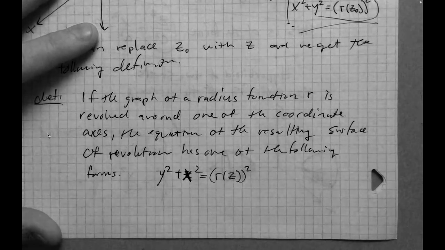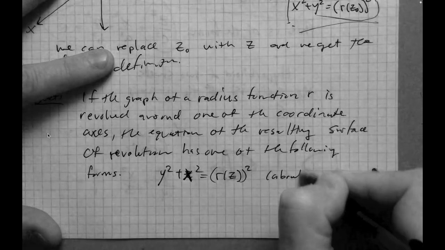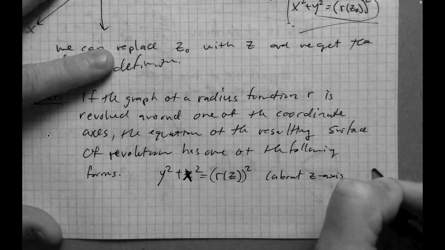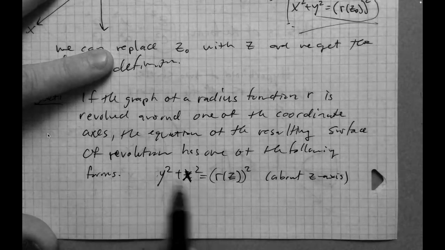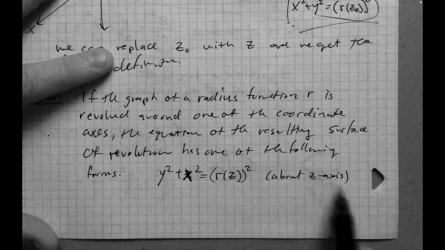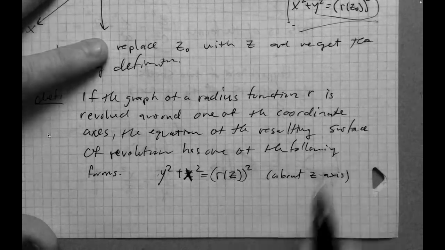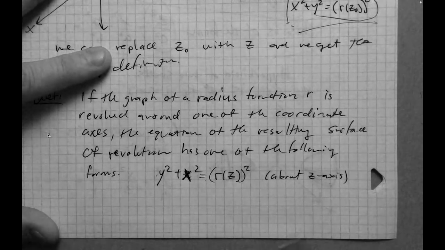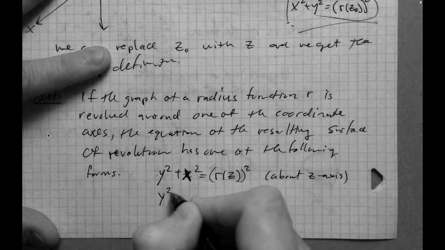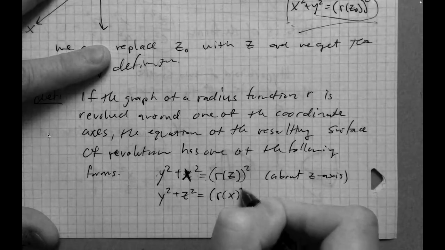If you're rotating about the z-axis, it's x squared plus y squared equals r of z squared. This is about the z-axis, kind of like the picture we've been looking at. What if it's rotated about the x-axis? Well, then it'll be y squared plus z squared equals r of x squared.